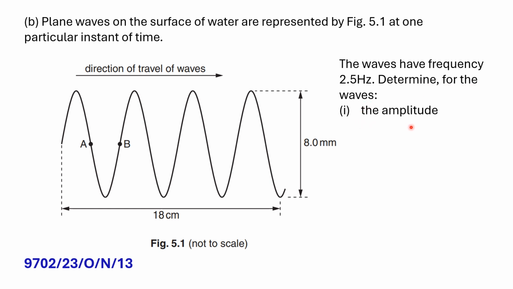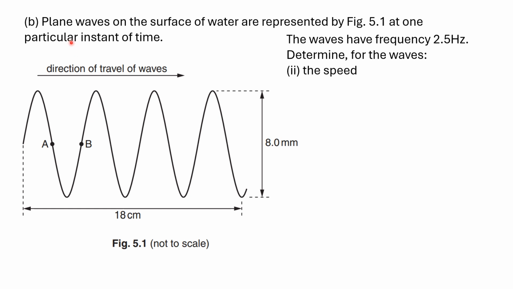So amplitude is measured vertically. Here we have 8 millimeters. So we need to divide this length by 2. And now we have the amplitude, which is 4 millimeters.